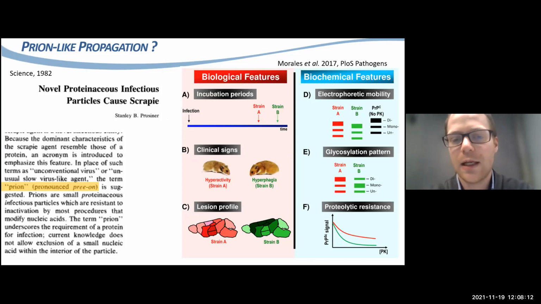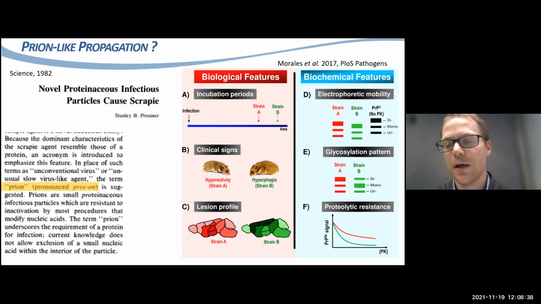The first thing is that they are transmissible. What I mean by that is that you can be in contact with a prion, and after some time, you're going to develop the disease. So that's transmissible. And the second thing is that, in terms of biochemical features, you have strains of prions.